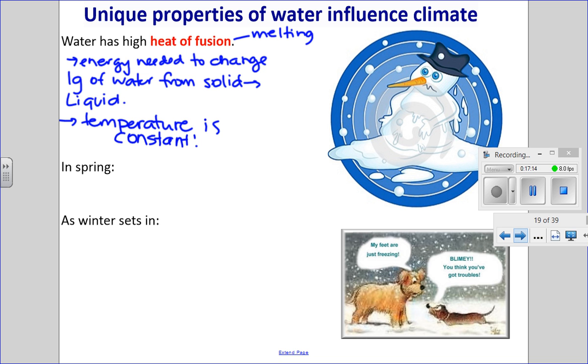So notice that I didn't say how much energy it took to change the temperature by 1 degree. That's what heat capacity is. Heat of fusion and heat of vaporization only have to do with what state the molecule is in. And what we'll see is that anytime something is changing state, its temperature will stay constant while the particles are changing state. So what effect does this have on climate?